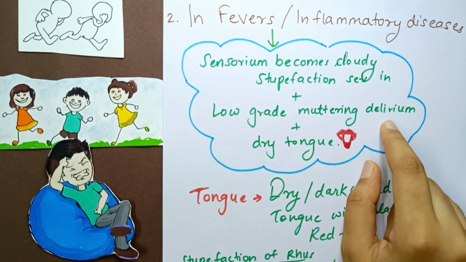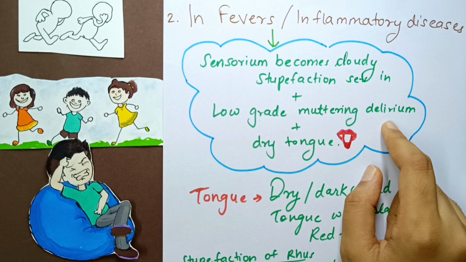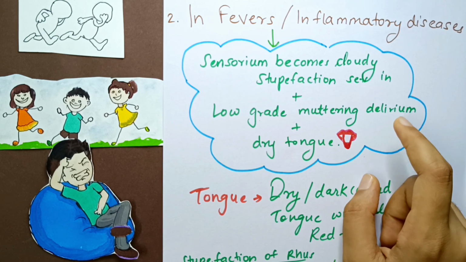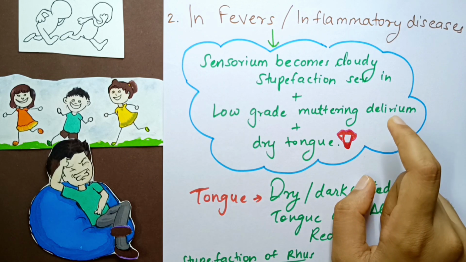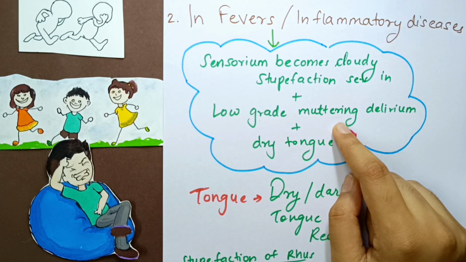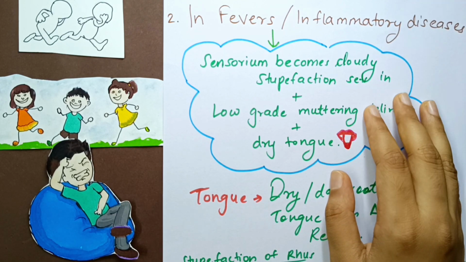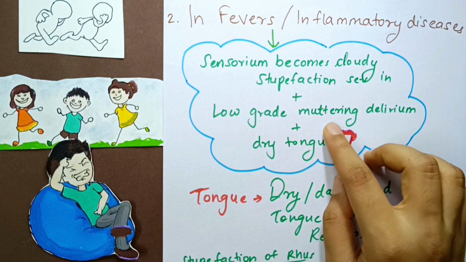Mostly you see it in fever. Whenever somebody has a very high fever, or a state of fever for a long time, they will go into this delirium state where they keep muttering, meaning they keep making sounds, talking about words which are not very clear, or some absurd, weird topic.